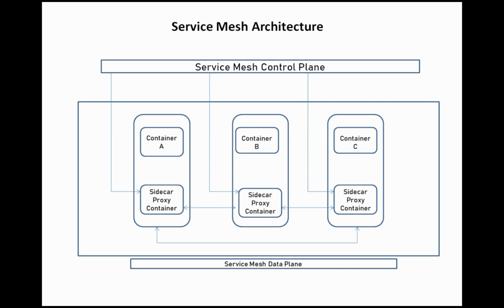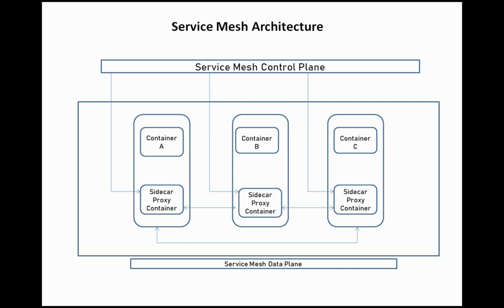When you divide these into individual services, a typical microservice architecture, these are different services altogether. Now, let's assume that service A, this container A, wants to talk to container B, container B wants to talk to container C, and similarly container A wants to talk to container C.